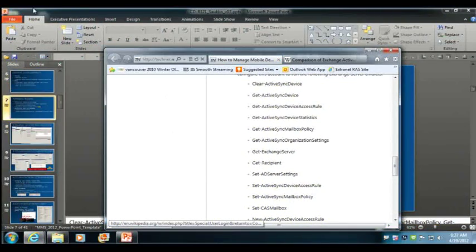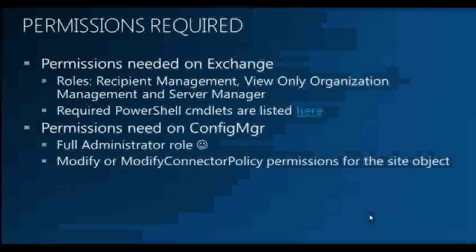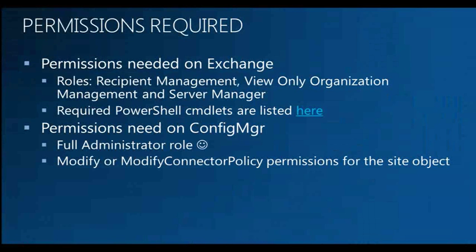So it's quite nicely documented. And on the Config Manager side, the easiest way is to have the full administrator role, because you won't need to configure those connectors very often.